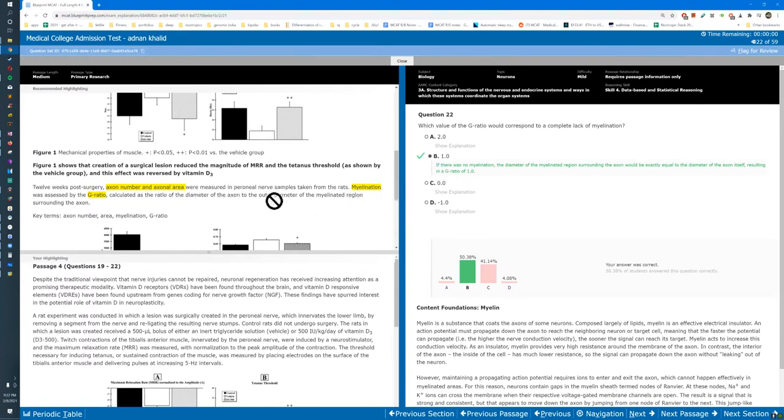G ratio is the ratio of the axon diameter to the outer diameter of the myelinated region, which is obviously thicker, right? As myelination goes up, it's going to get smaller. If there's no myelination, then there's no myelinated region, so the outer diameter is the same as the diameter of the axon, hence 1.